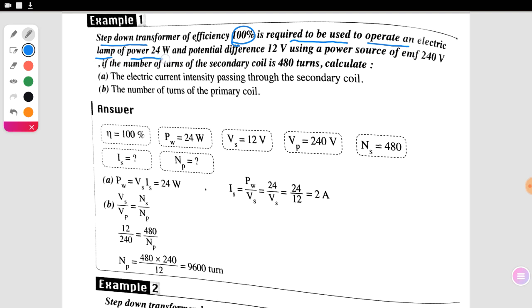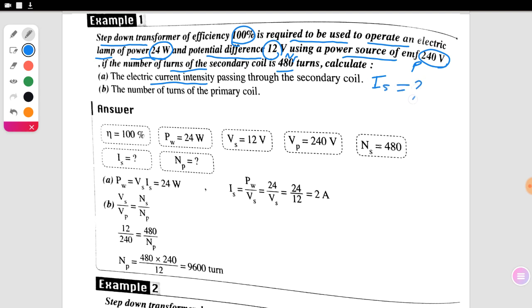This lamp is connected with the secondary coil, of power equal to 24 watt and potential difference 12 volt, using a power source EMF at the primary coil equal to 240 volt. If the number of turns of the secondary coil is N secondary equal 480 turns, calculate number 1, the electric current intensity passing through the secondary coil.